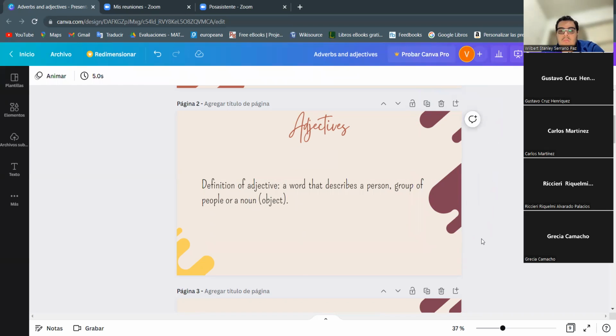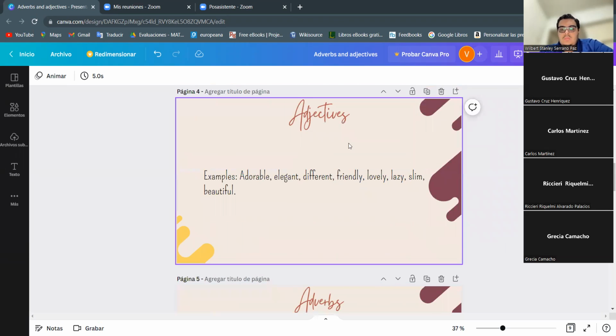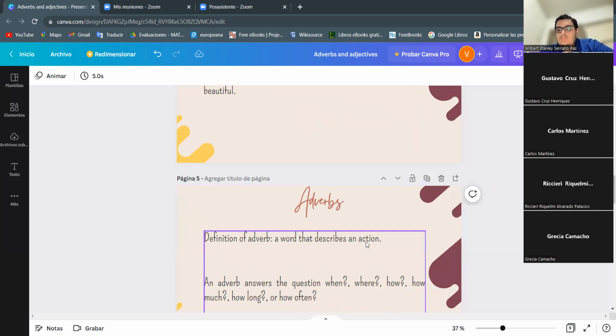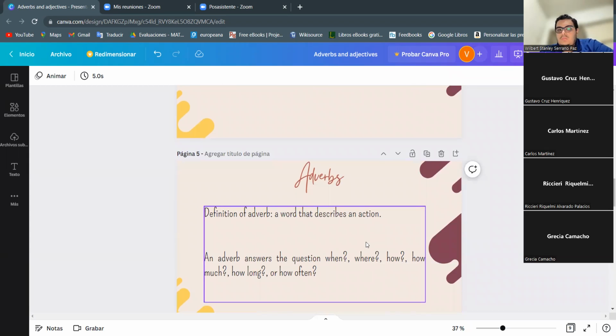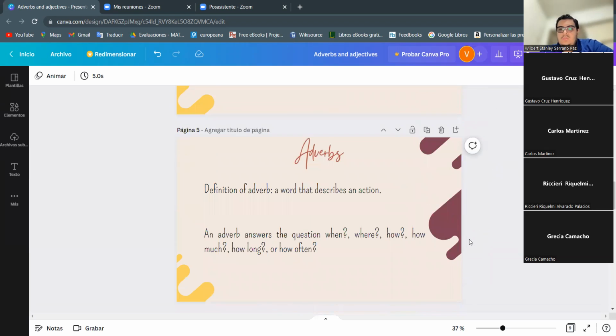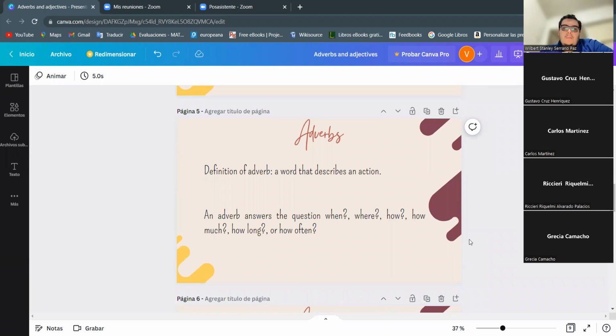But the adjectives, well, it's not the same. Yes, you describe with adjectives and adverbs. What do you describe with adjectives? A person or a group of people. Good. And what do you describe with adverbs? The action that the person is doing. Good. So the difference is what you are describing. Thank you.